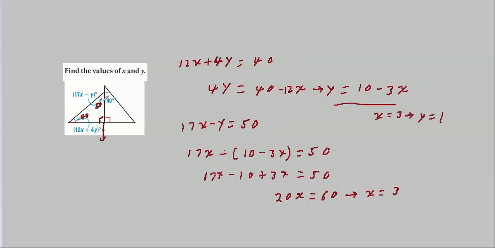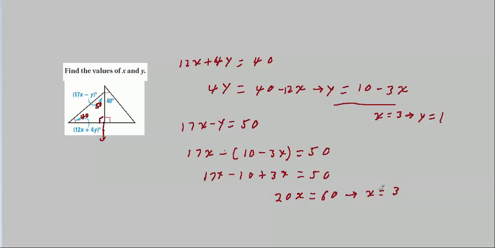So when we lay this out, it's going to be fairly simple. As I said, we've got the expression for y. We put it in here. And now all we have to do is just expand it. We got minus 10 plus 3x here equals 50. And do a little rearranging and get to 20x. Remember, add 10 to each side. Add these two up and get to 20x equals 60, or x equals 3.